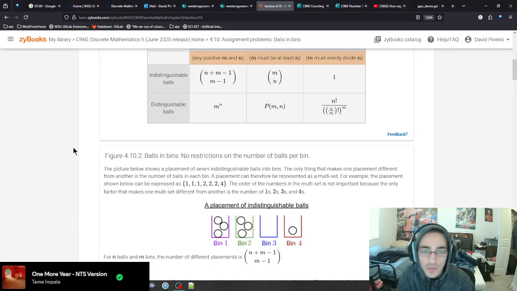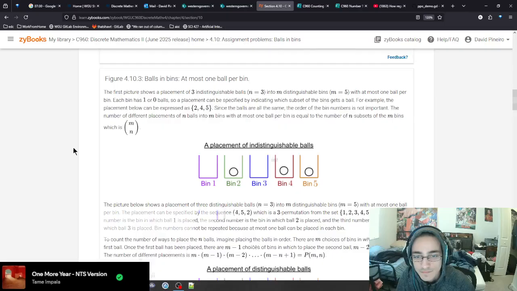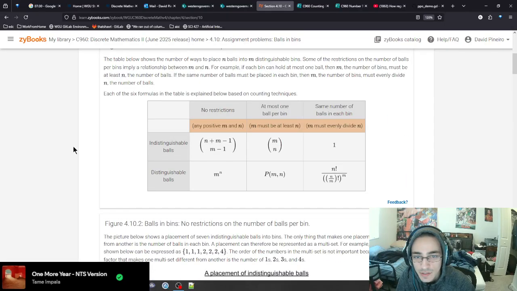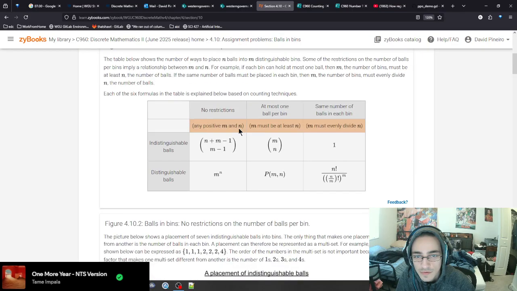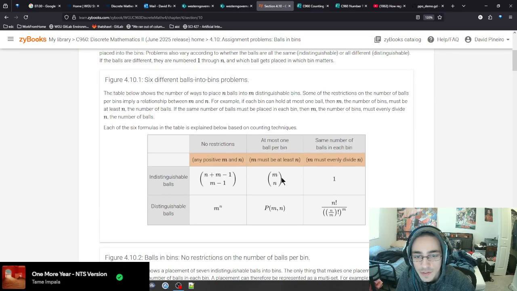This is my homework, bro. I just have to... Yo, wait, what? So these are the equations for that. Okay.